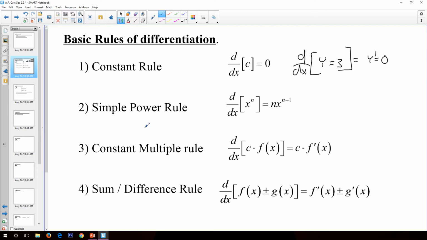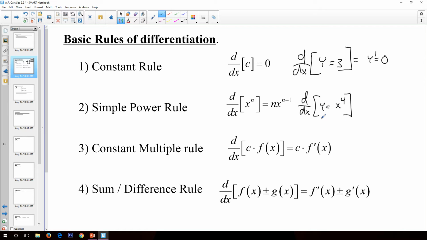Now, the simple power rule says that when you take the derivative with respect to x of the variable x to some power, you are going to take whatever that power is, bring it down in front, and then reduce that power by 1. So just as a real quick example, d over dx of y equaling x to the fourth.